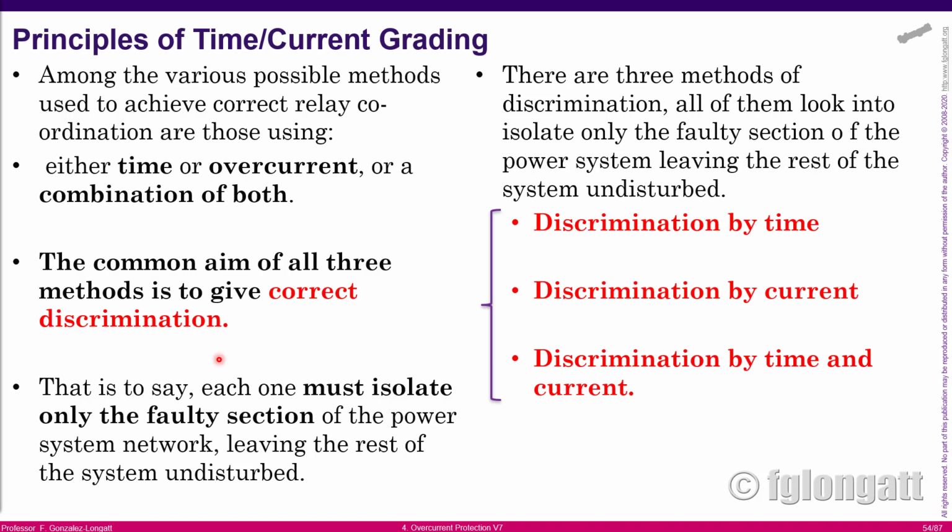Okay. We are working today with overcurrent protection. As a consequence, the variable that we use to discriminate what is a fault or not is the current. Okay. But when we are grading overcurrent protections, there are two different ways to discriminate.